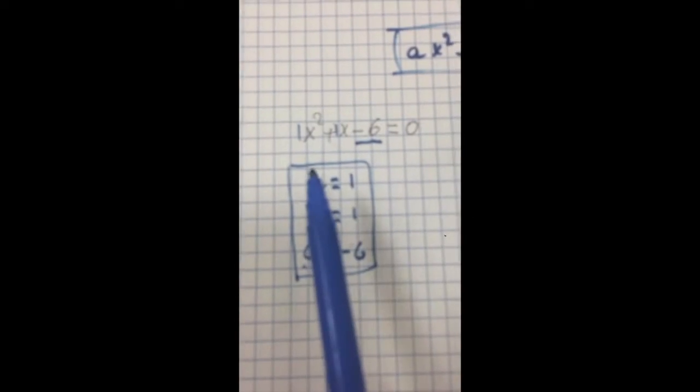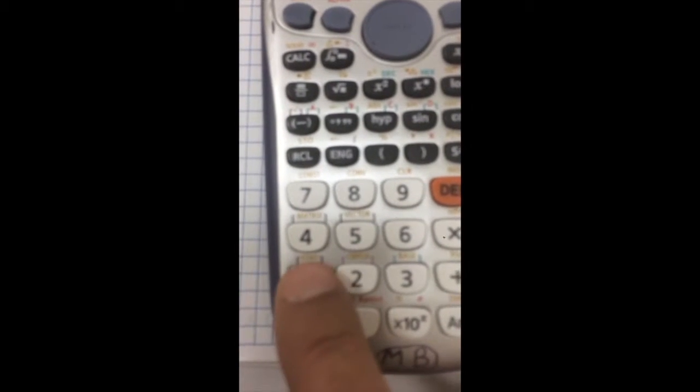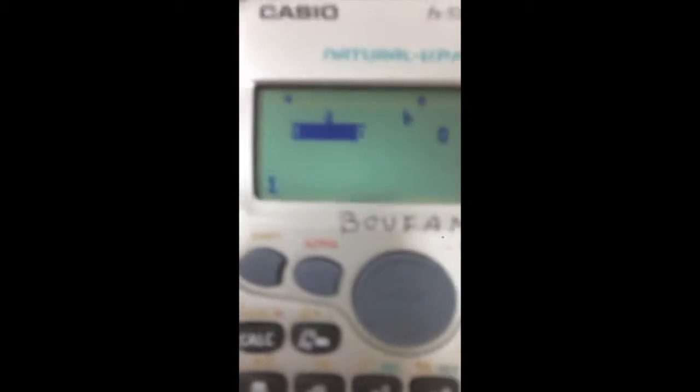And then the calculator asks for the values of a, b, and c. So we enter these values from the given equation. So a is 1. So we press 1. Equals, to move to the value of b. So a is 1.